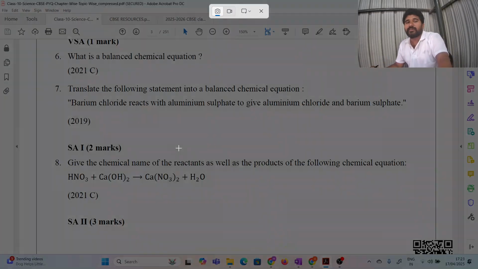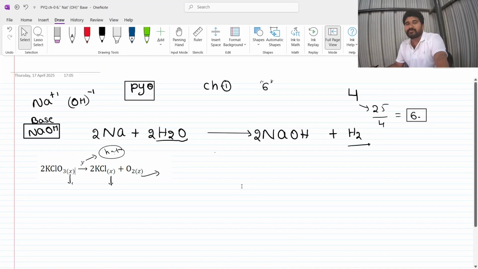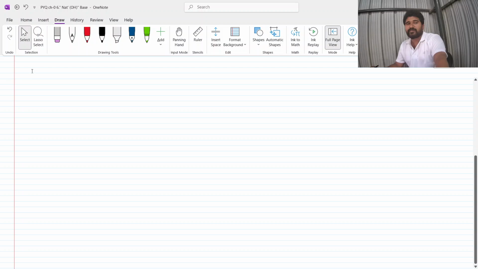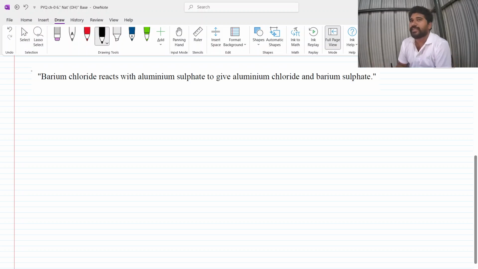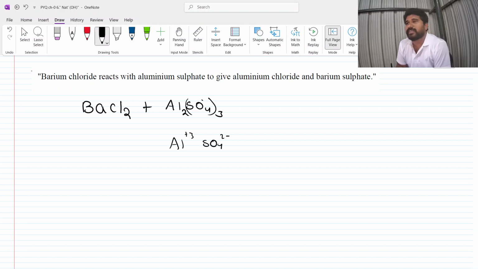First, barium chloride, BaCl2 plus Al2(SO4)3. Al2(SO4)3 thrice, because Al is 3 plus and SO4 is 2 minus; cross multiply that.